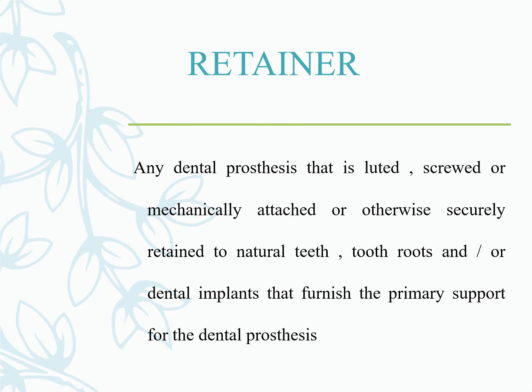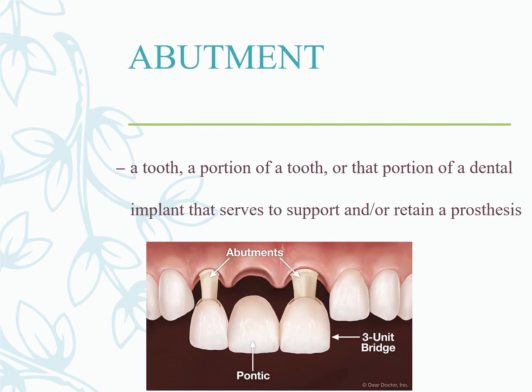A retainer is the dental prosthesis that is luted, screwed, mechanically attached or otherwise securely retained to natural teeth, tooth roots and or dental implants that furnish the primary support for the prosthesis. On the retainer is where your ceramic is built. Next is your abutment.